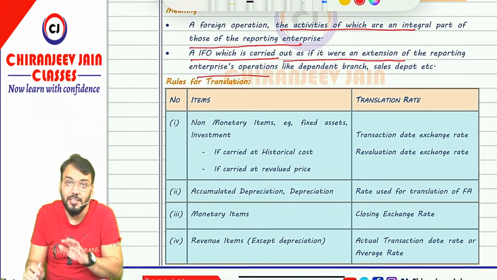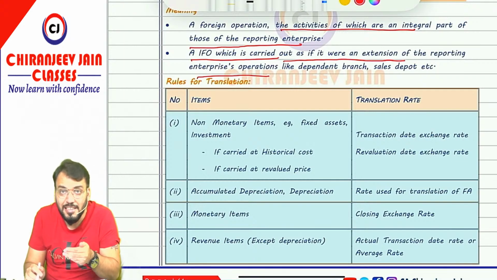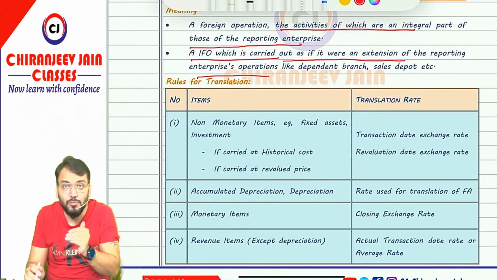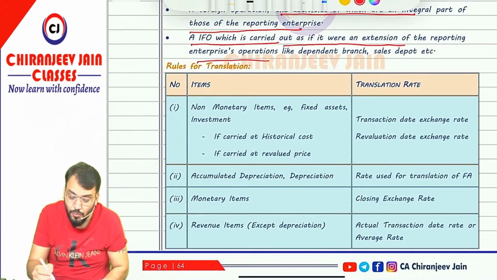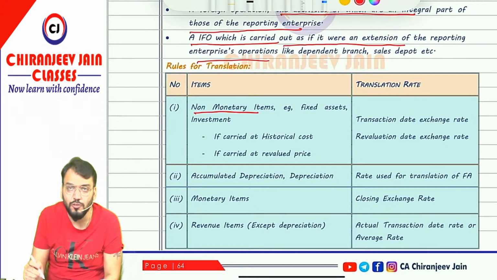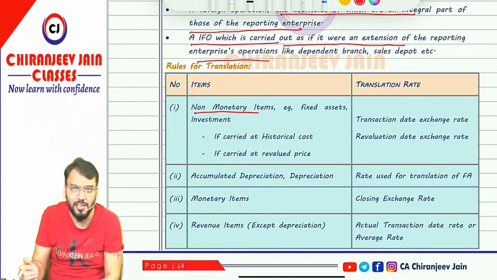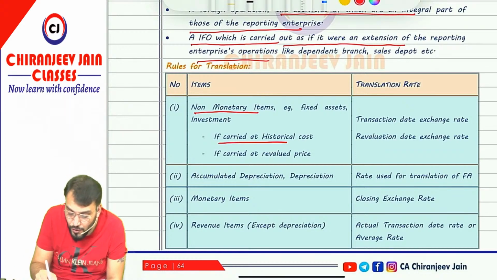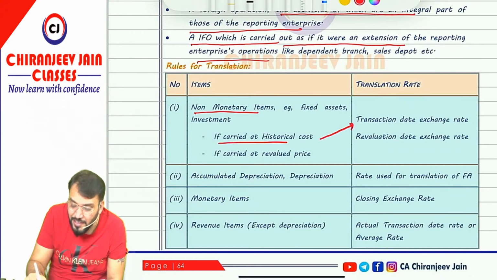So if there is an integral foreign operation, what is the translation rule? All the non-monetary items, for example property, plant and equipment, intangible assets, etc., if they are carried at cost, then use the transaction date exchange rate.